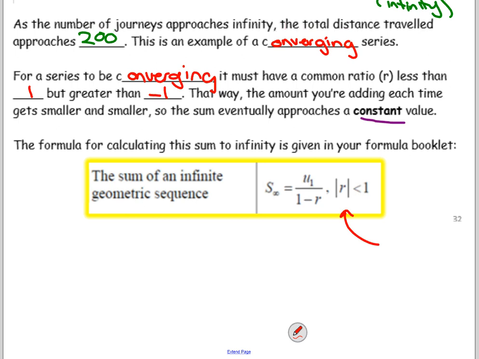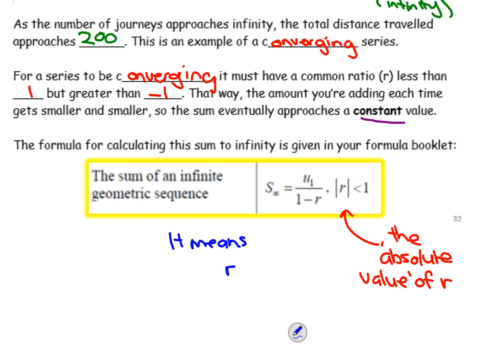So that means the absolute value of r, which basically means that r has to be a number between -1 and +1. That's what that means. So you could write here, r must be between 1 and -1.